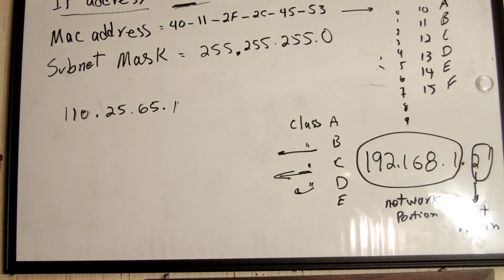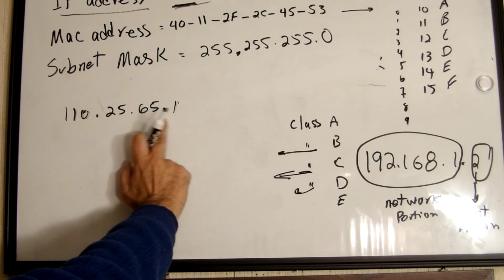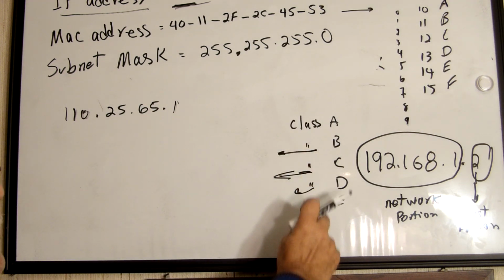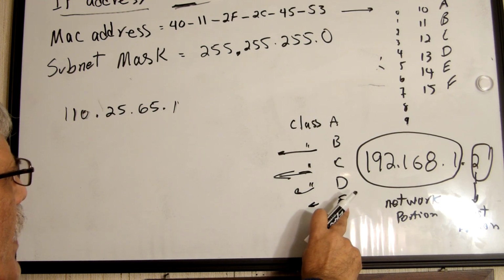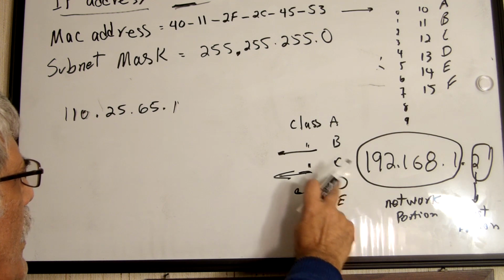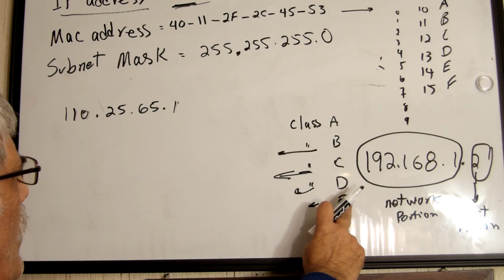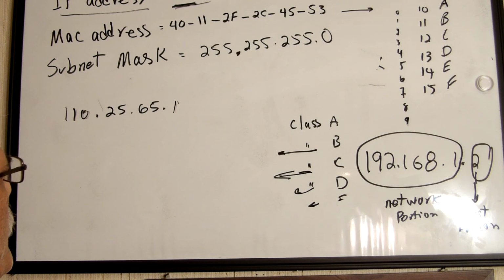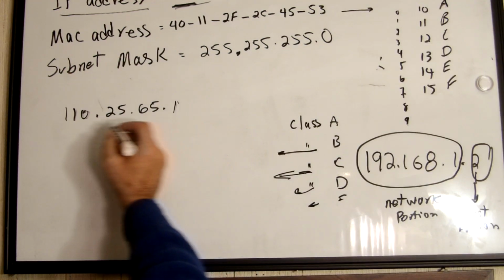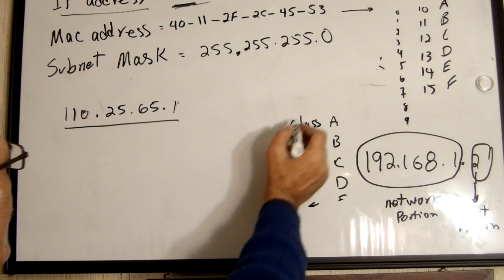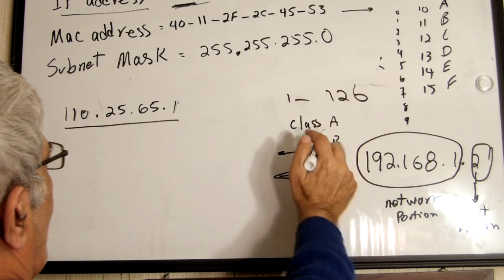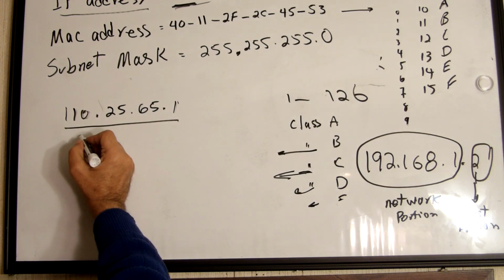We talked about there being four or even five different classes, but A, B, and C are more important; we deal with those more than the others. If you look at the first number here, you find it's class A, because 1 to 126 is class A.